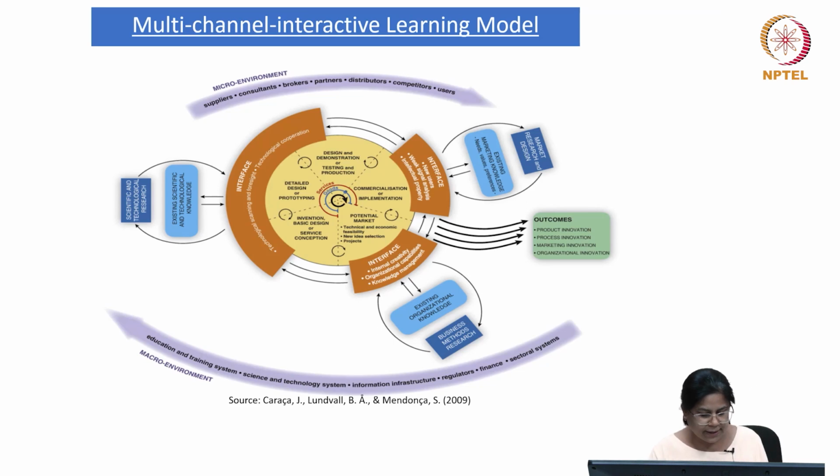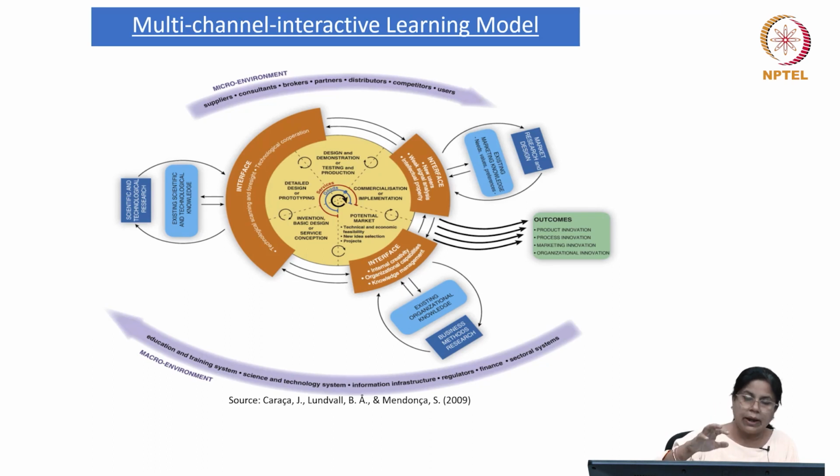But at the same time, it adds feedback. It also places the entire innovation process which happens in an organization in a wider context. That wider context is divided at 2 levels, a micro and a macro environment. So we will learn about it. The process of interaction between units and teams within the teams is also being talked about.